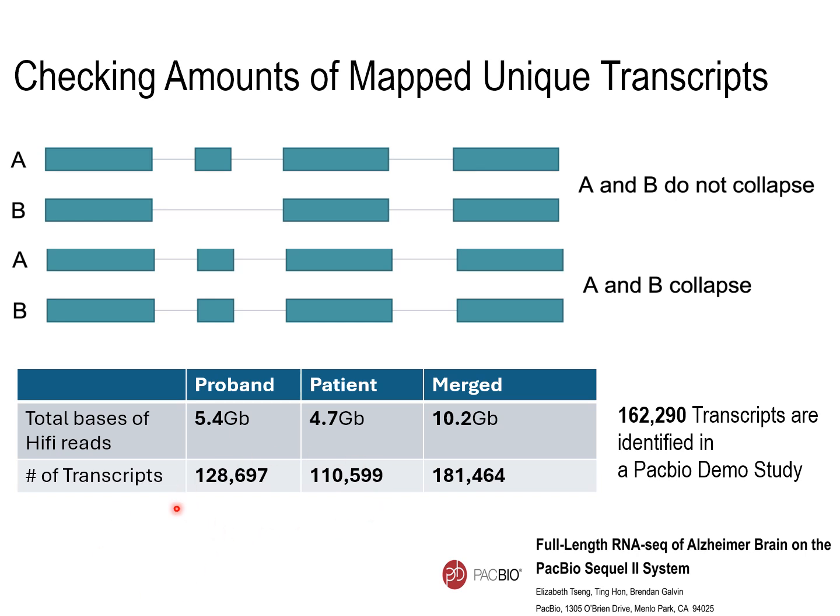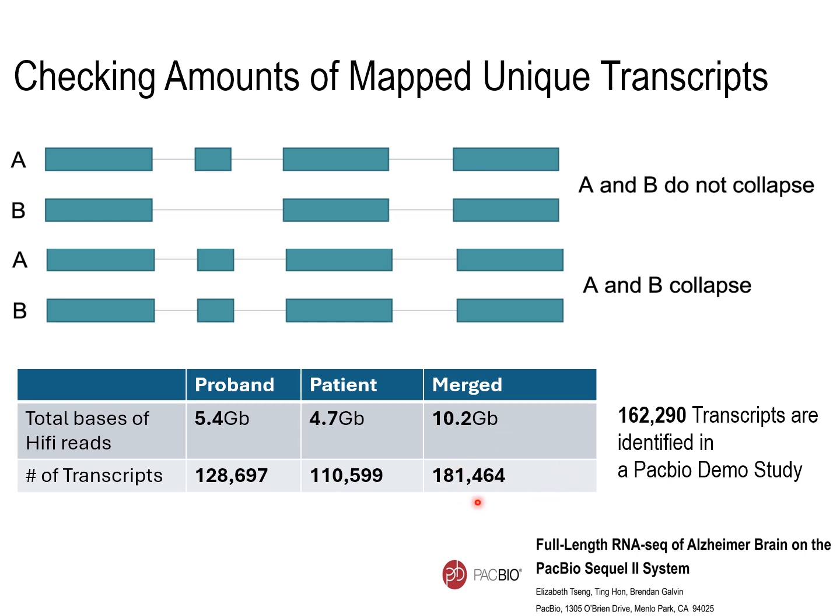To validate these numbers, we compared our results with a PacBio demo study that identified 162,290 transcripts from a single flow cell. Since we used one flow cell for both samples combined, we performed a joint analysis that identified 181,464 unique transcripts, slightly exceeding the demo study's numbers.